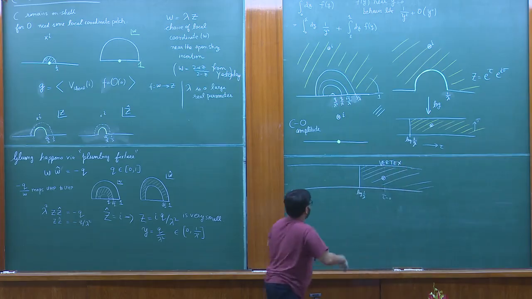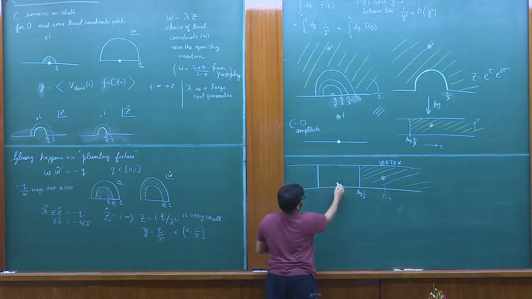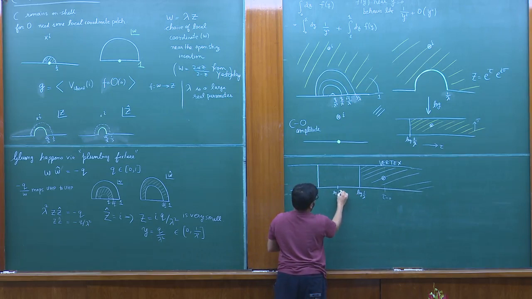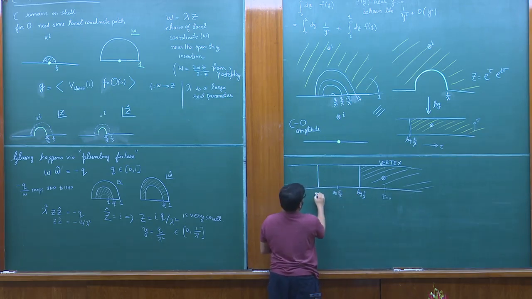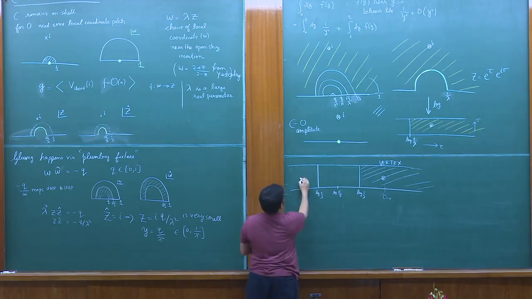Okay, then we have some region up to some point here which is log of square root of q by lambda. Let me not draw that. Then there is a log of q by lambda. Okay, and then this guy, the other closed string operator, is sitting at log of q by lambda square, right?